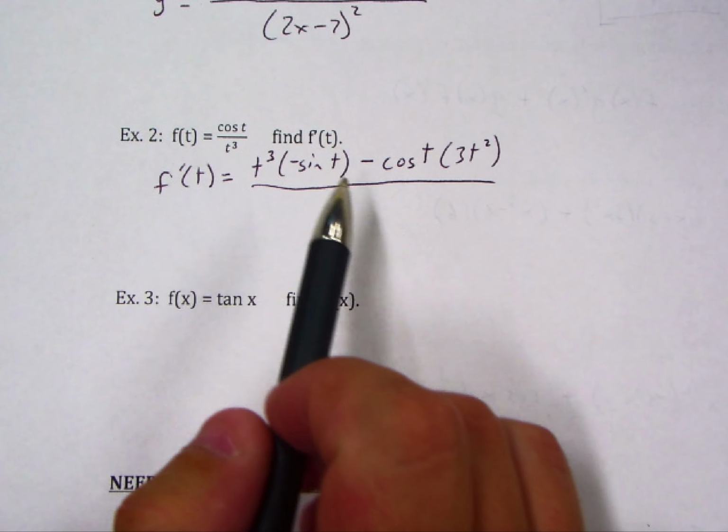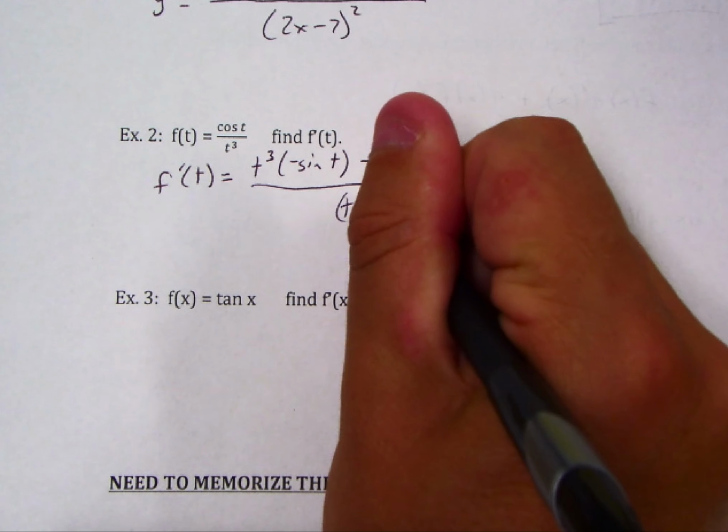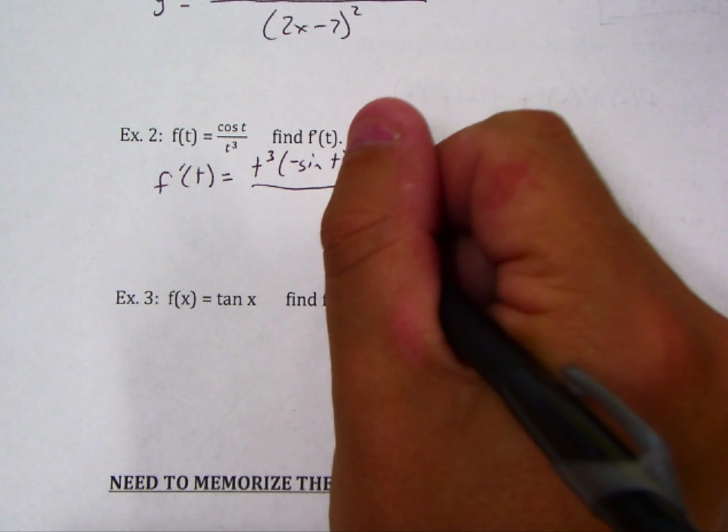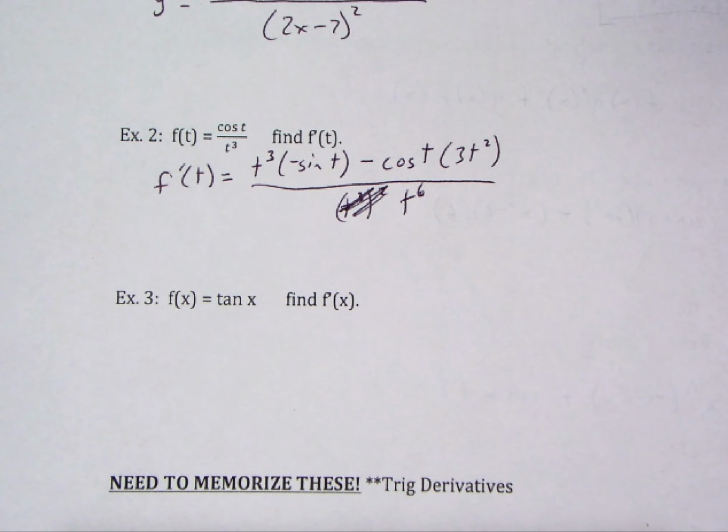So t cubed squared, using some algebra rules, if I had t cubed squared, that would be t to the 6th. That's sloppy math, but I wanted to show you where I was going with that.